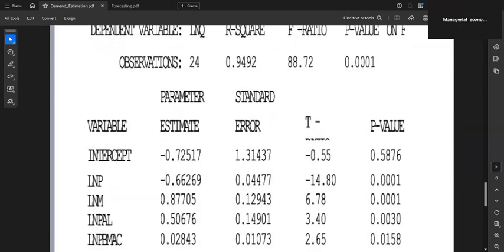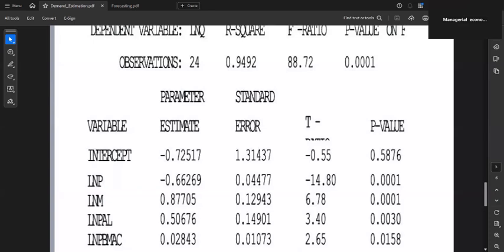Okay, this is the same example, but we have assumed the nonlinear functional form. So this is the log form. In here, the R squared is 0.9495 something. The F ratio has reduced compared to the linear functional form.